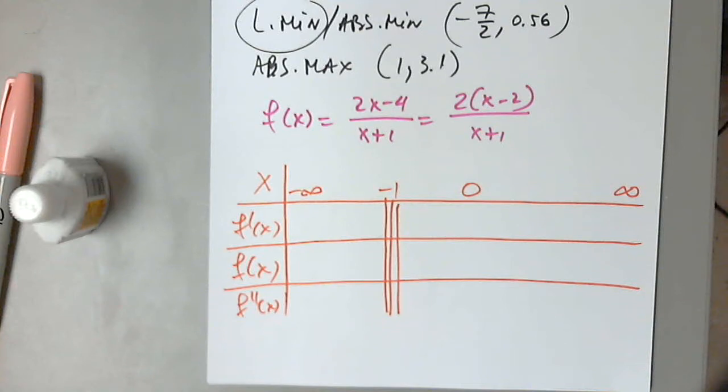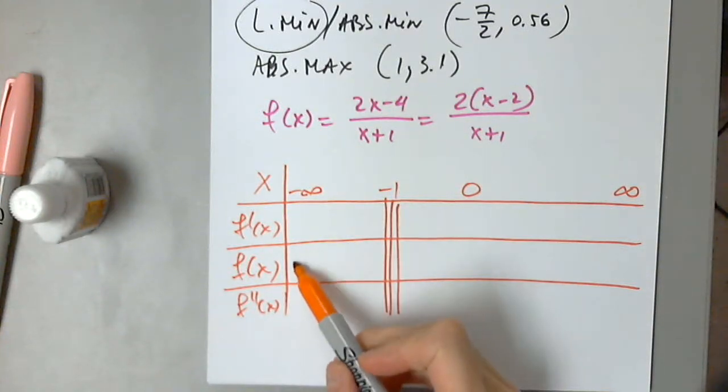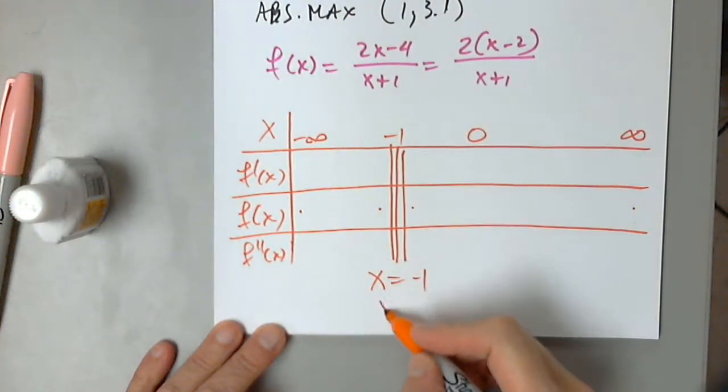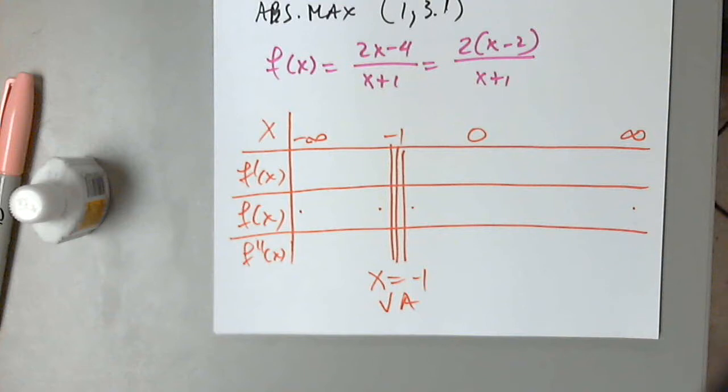From the function itself. Well, we can find the limits here, here, here, and here. And of course, x equals -1 will be a vertical asymptote, unless the factor goes away, but it does not go away with anything. I'll give you an example when it does go away. And you'll see what happens then.